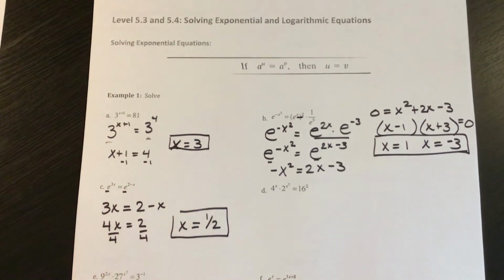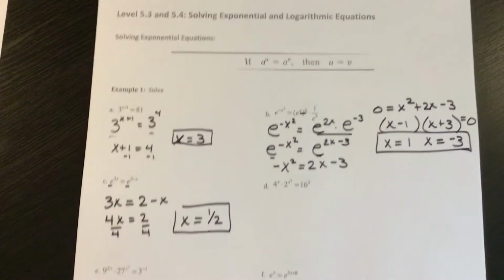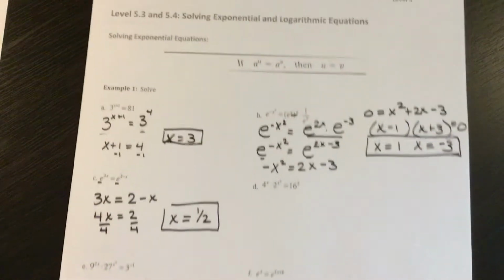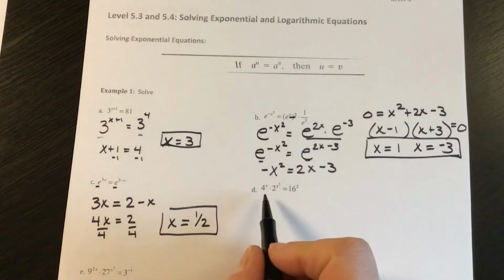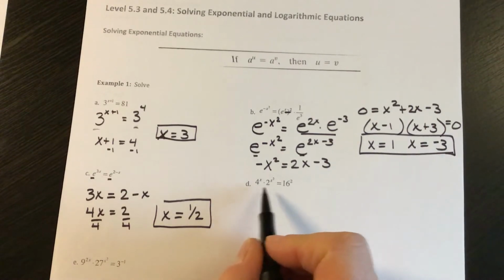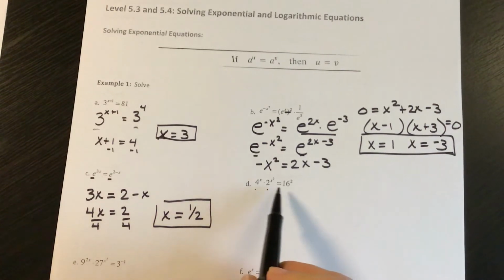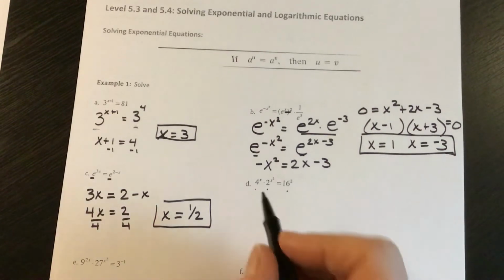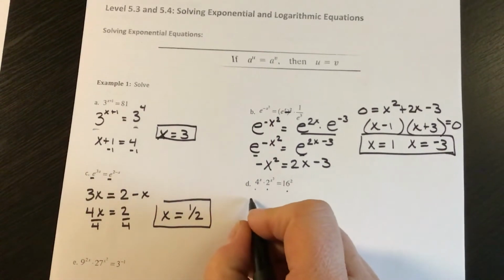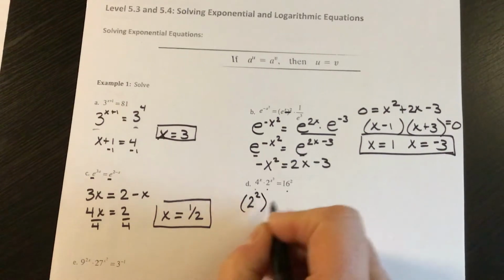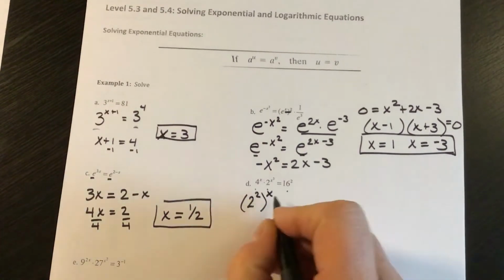In part D, which I noticed is the same as part H, so I'm just going to cross that off down here. But in part D, I have the numbers 4, 2, and 16 as our bases, and each of these are powers of 2. So I've got to get my bases to be the same number. Because 4 is a power of 2, I'm going to change this to 2 squared, which is 4, and this is to the x power.